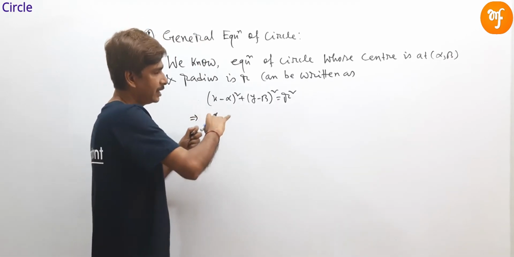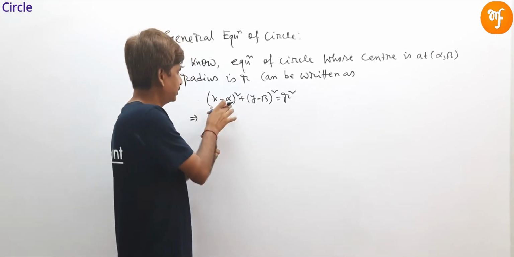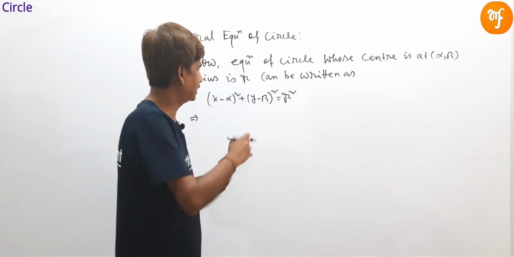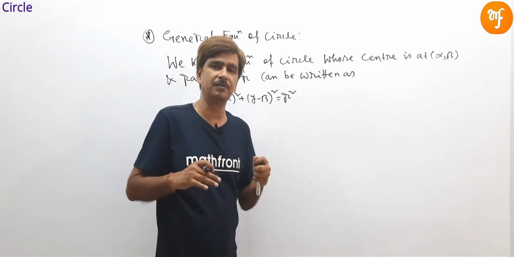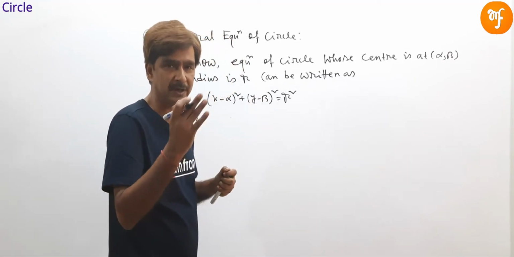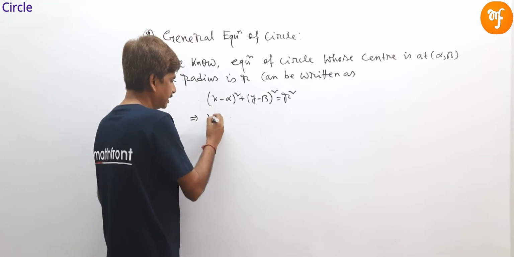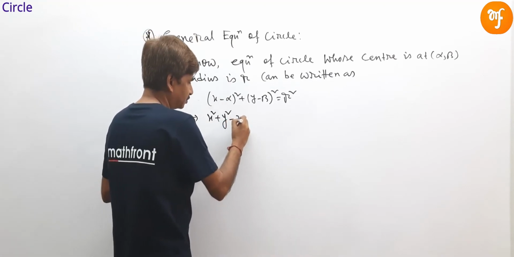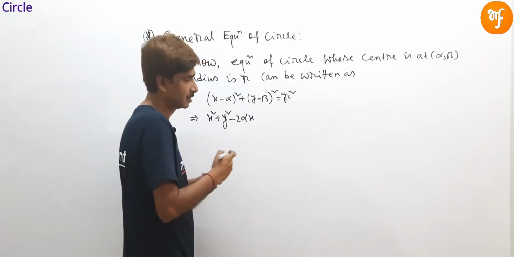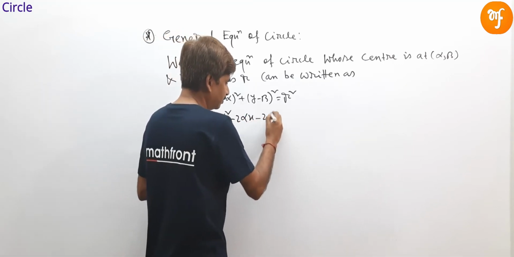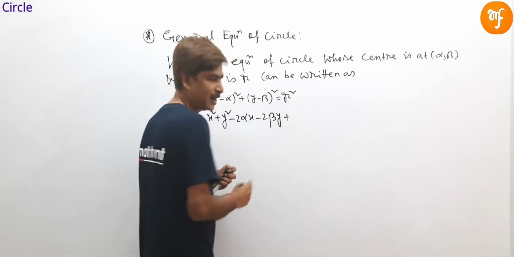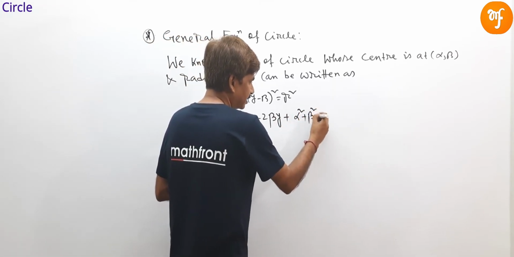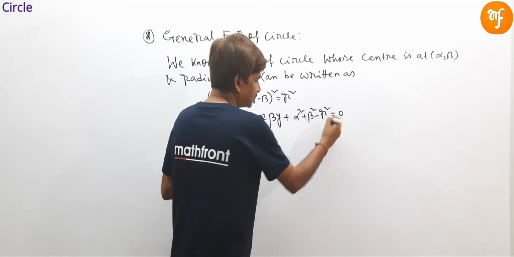Now, if we expand x minus alpha whole square in the form of a minus b whole square, and if we expand y minus beta whole square in the form of a minus b whole square, then what will we get? We get x square plus y square minus 2 alpha into x minus 2 beta into y plus alpha square plus beta square minus r square is equal to 0.